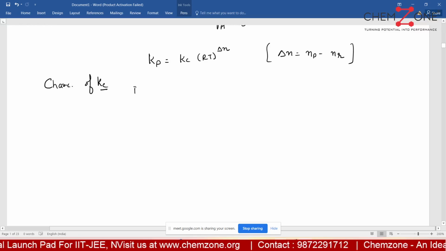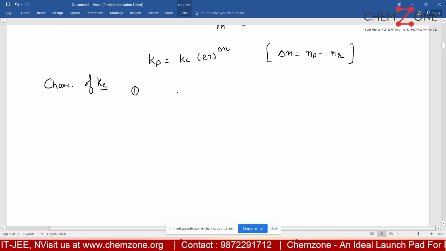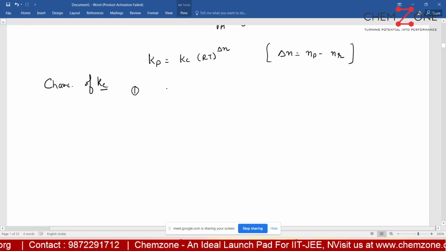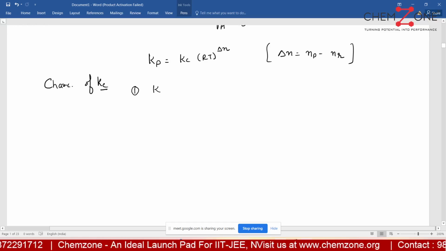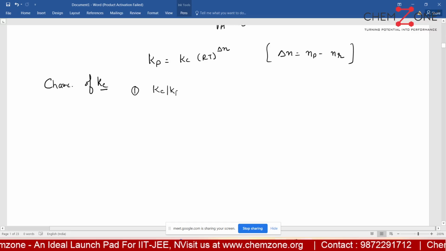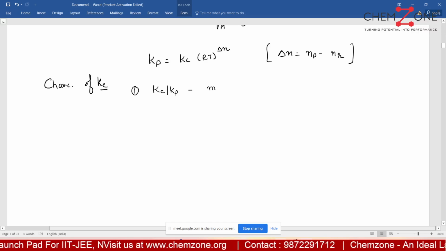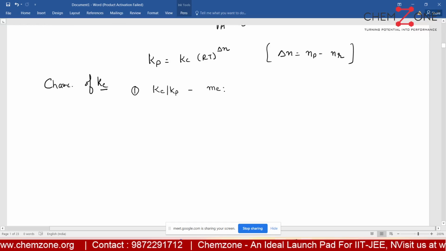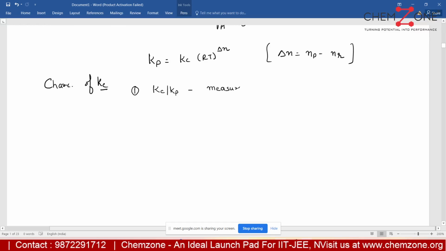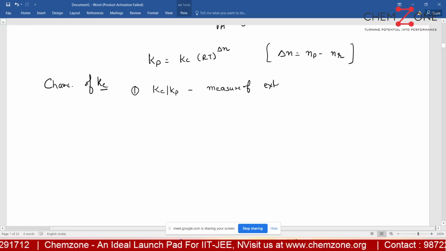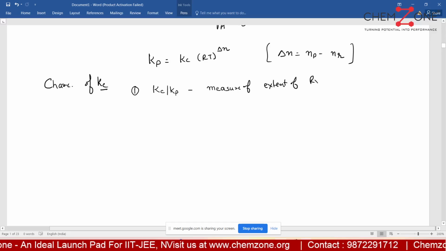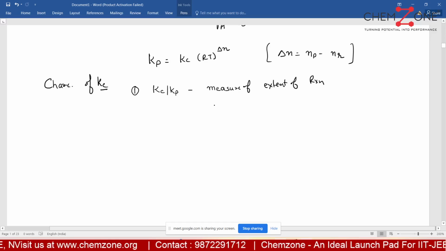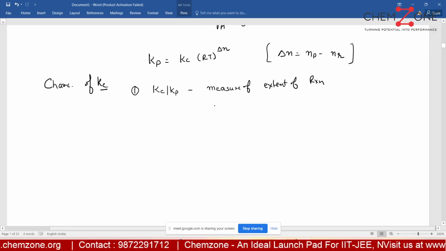Now write down characteristics of the equilibrium constant Kc. Number one: this equilibrium constant Kc or Kp is a measurement of extent of reaction. Measurement of extent of reaction means the more the value of this equilibrium constant, the more the reaction is in the forward direction, more toward the product side.